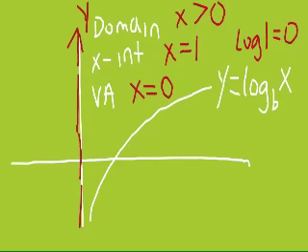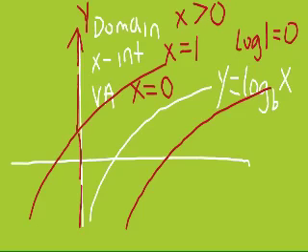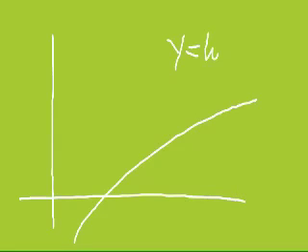Now what happens if you shift this log function? Let's say I shift it forward, and you could be shifting it backwards too. What happens to the domain, the x-intercept, and vertical asymptote? Well, let's take a look at that. We want to find the x-intercept, the domain, and the vertical asymptote of this function, y equals log base b of x minus 2.